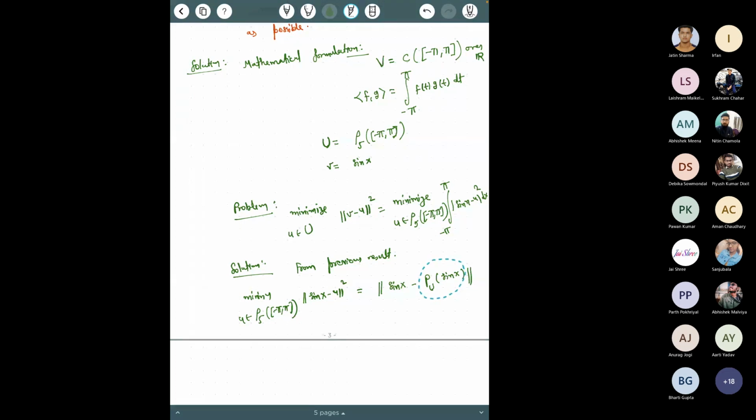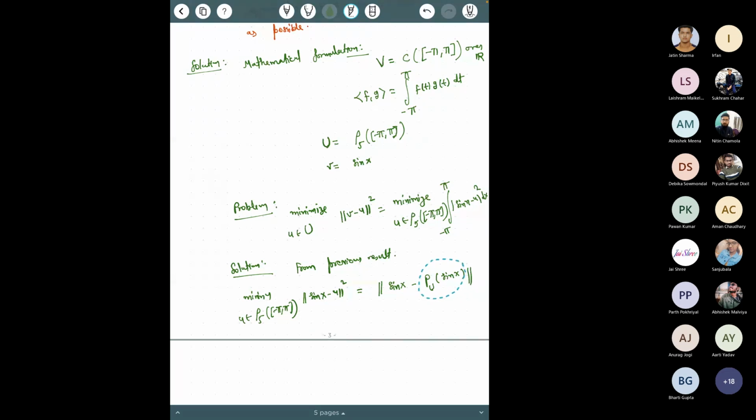And for this particular example, you can check that it also improves upon what we have learned in calculus. In calculus we have a way to approximate sin x, right? You can use the Taylor series expansion and approximate sin x on the interval minus pi to pi.